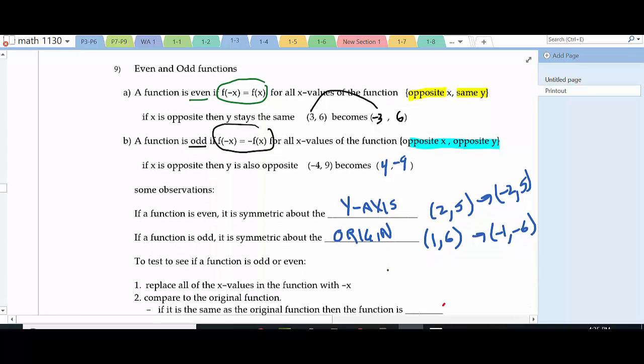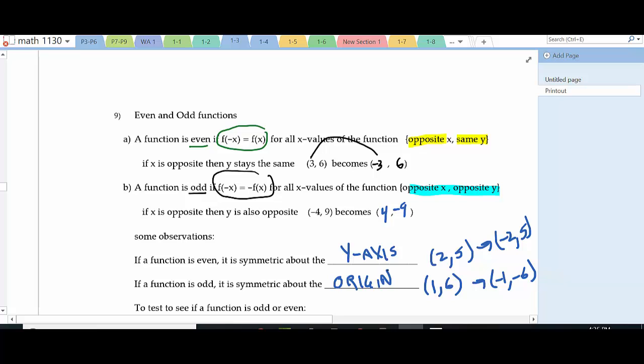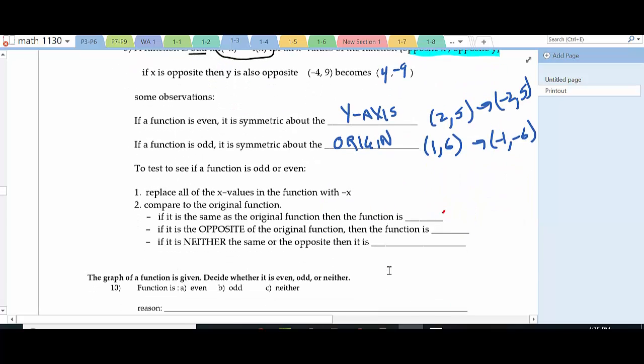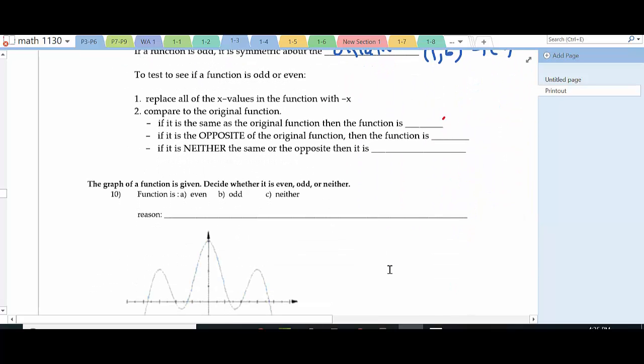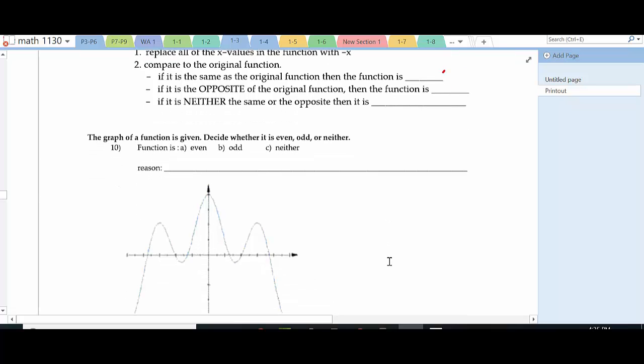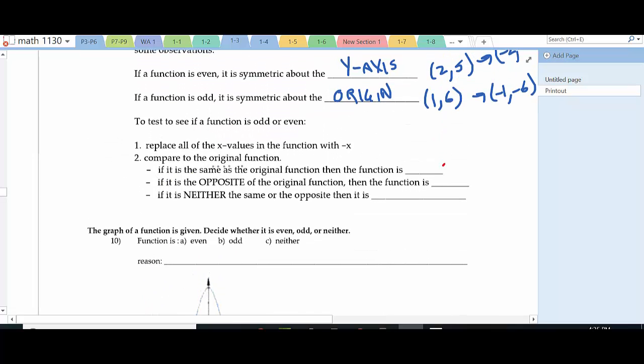Now what we're going to do is test functions and see if they're odd or even. I want to make sure that you're doing this correctly. When you're looking at this with an equation, you replace the x's with negative x, and then here's what happens.